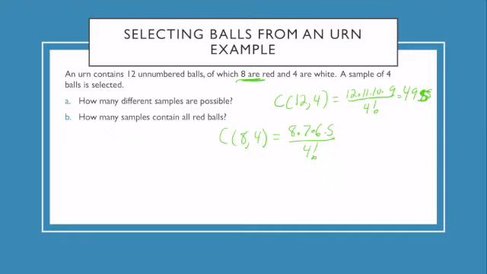So if I have 8 choose 4, that gives me 70. So out of my 495 possible samples, 70 of them would contain all red balls.